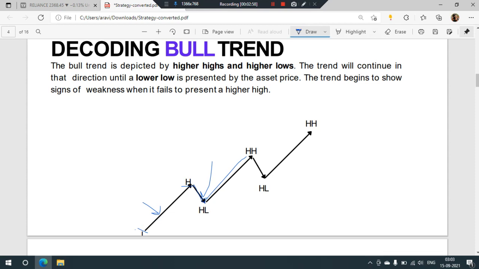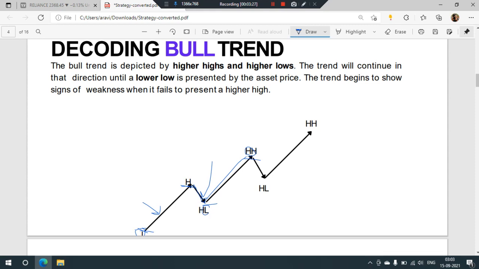Why did I write it as higher low or HL? It means that when compared to the previous low, this low is higher, so it is known as a higher low. Now why is it called higher high or HH? This high is higher than the previous high, so it's known as a higher high.